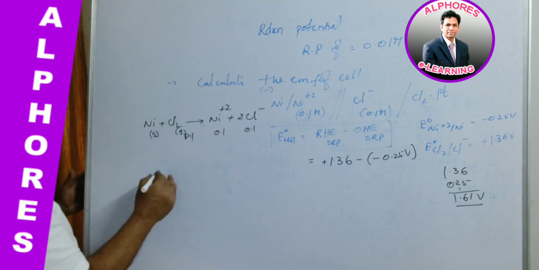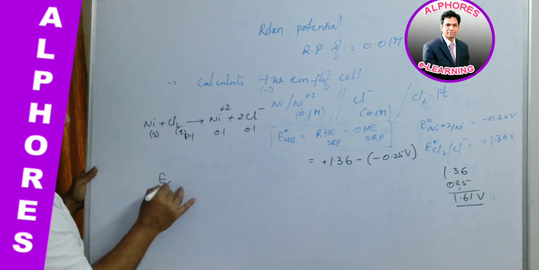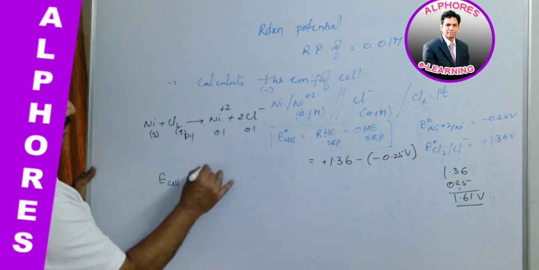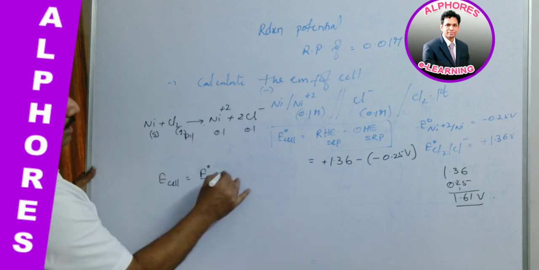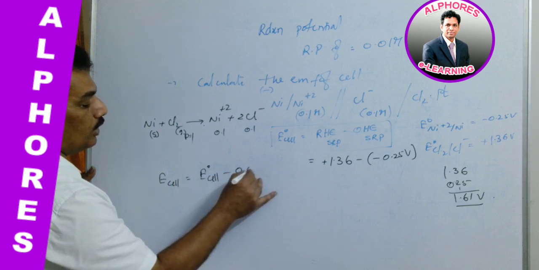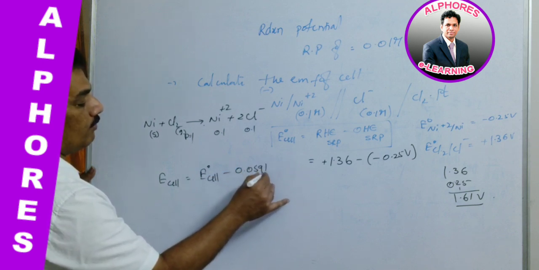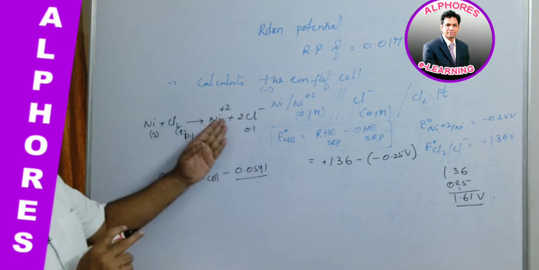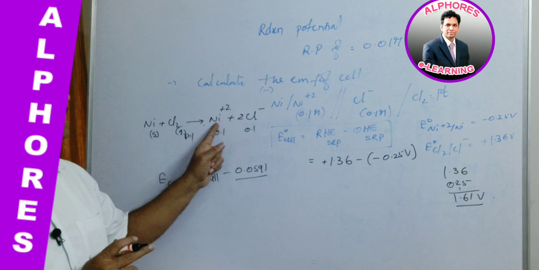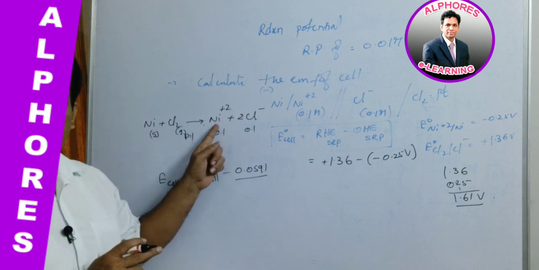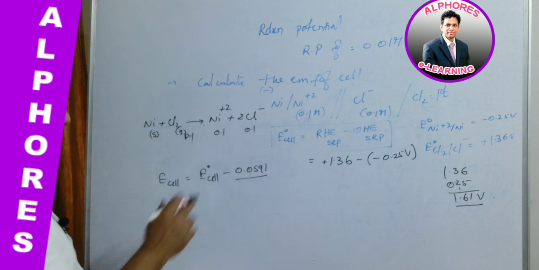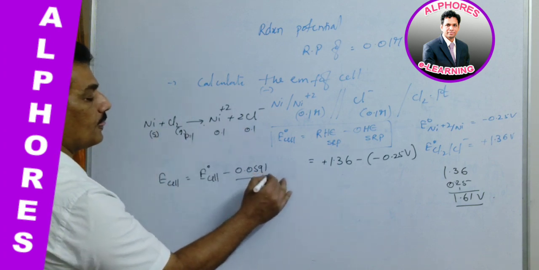And now E cell is equal to E naught cell minus 0.0591 by n. Here how many electrons are migrating? Just observe, nickel is getting plus 2, that means 2 electrons are released, and those 2 electrons are obtained by chlorine, 2 Cl minus. So here n is 2.